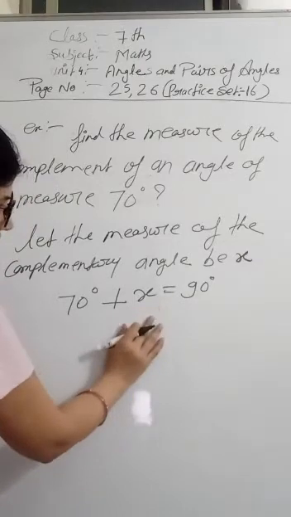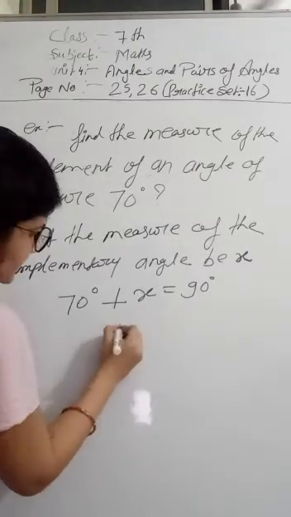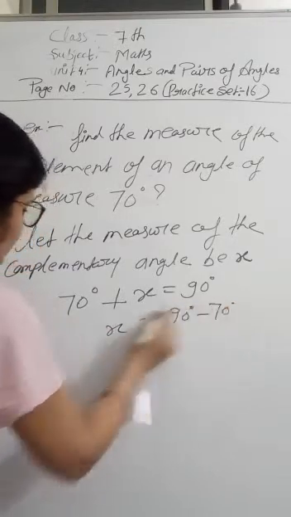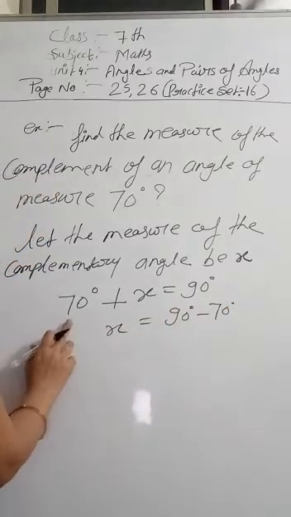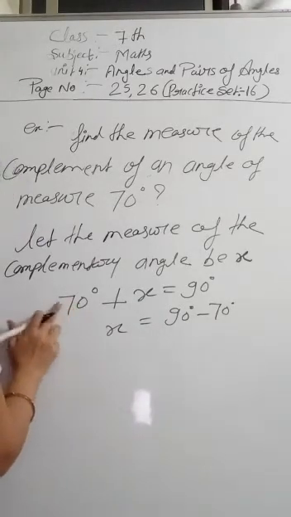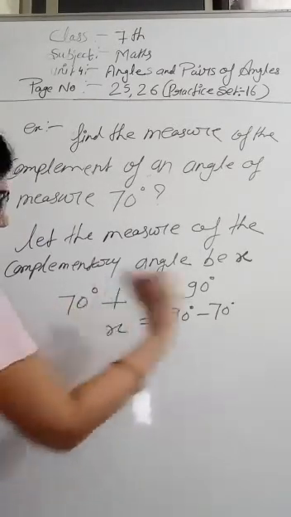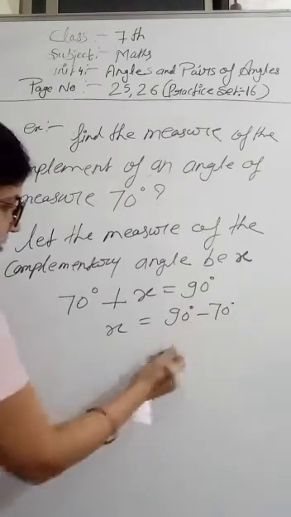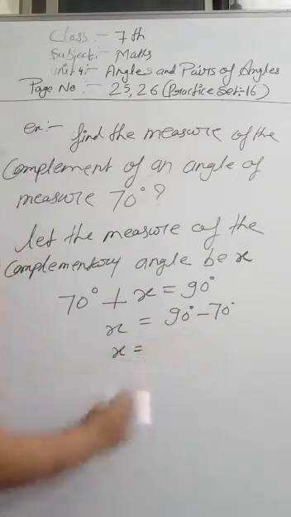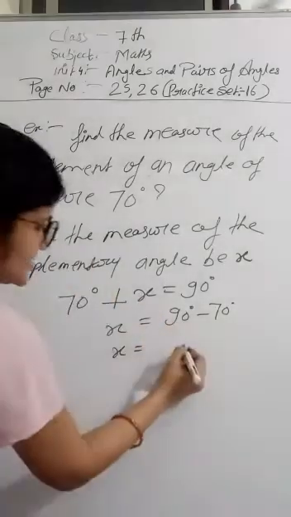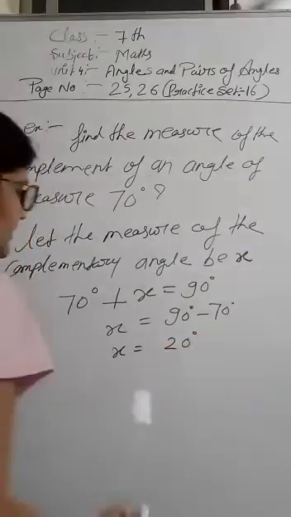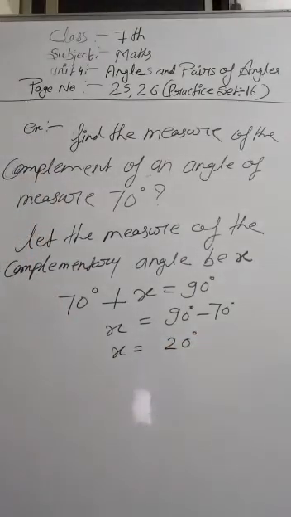Here we will find x. So x equal to 90 minus 70 degree. Why minus 70? Because 70 is plus here, so we take it to the opposite side and write a minus sign. So what will x be? x will be 20 degree.